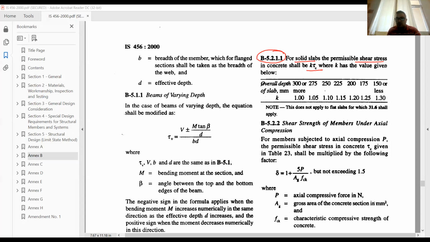K value depends on the overall depth of the footing. Here it says, if the depth is 300 mm or more, then the K value will be 1, and if the depth is less than 300, then the K value will be higher. Our overall depth is 300 mm, so our K value is 1. So now again going to the slide.